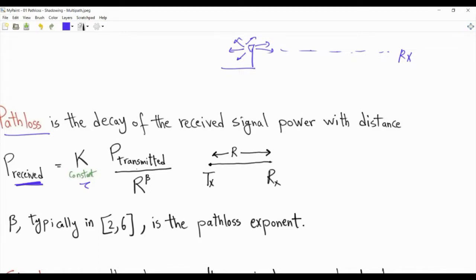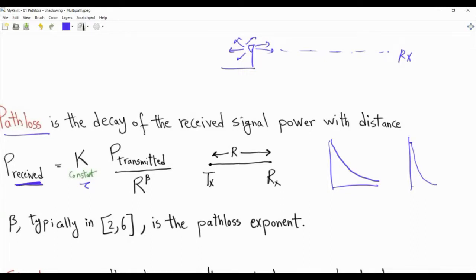So in some studies you will have to deal with this, sometimes by abandoning this law, and sometimes you assume that the power, rather than decreasing with distance like this, is constant or almost constant for small distances to the transmitter, and then it starts its decay, and so on and so forth. There are so many of those path loss models.